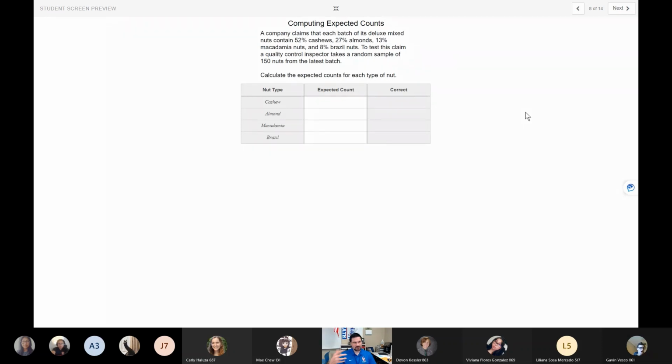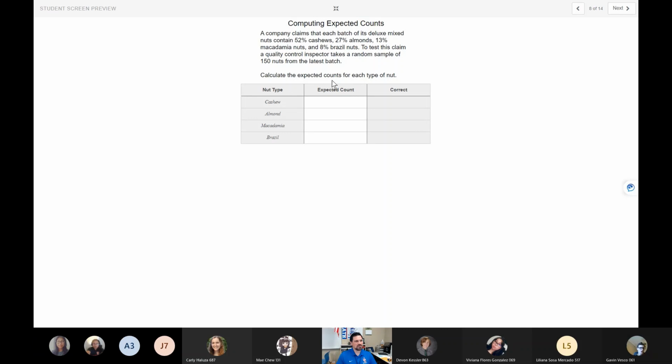The next one is again computing expected counts. This time we do not have equally likely events. A company claims that each batch of its deluxe mixed nuts contain 52% cashews, 27% almonds, 13% macadamia nuts, and 8% Brazil nuts. To test this claim, a quality control inspector takes a random sample of 150 nuts from the latest batch.